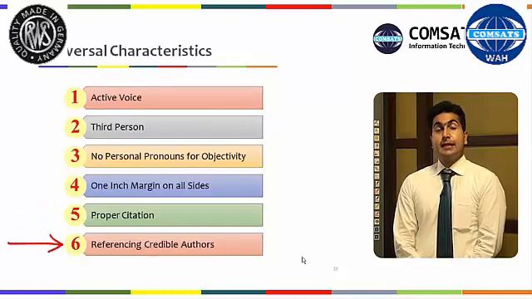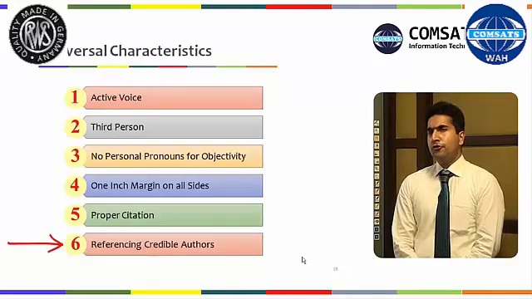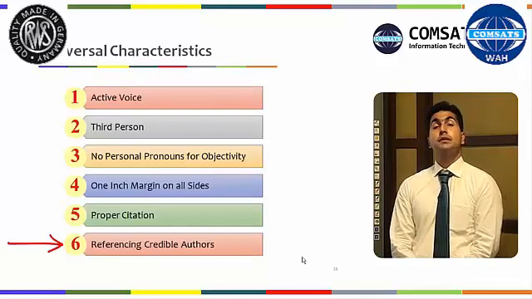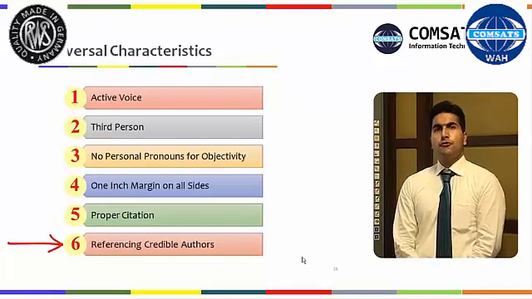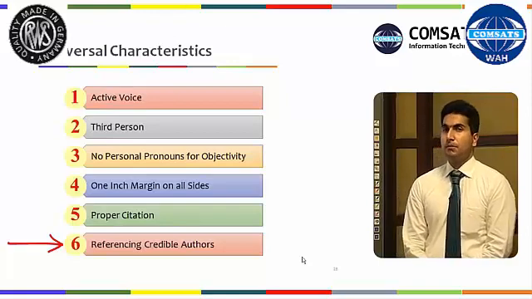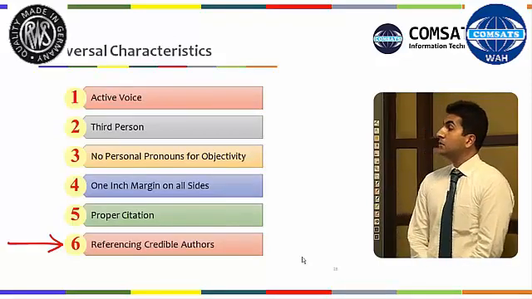And the last point is that the authors you are citing within your process of report writing should be credible. They should be well recognized and conspicuous, so that your report has worth reading as well. And that is going to make a good report when it comes out at the end.